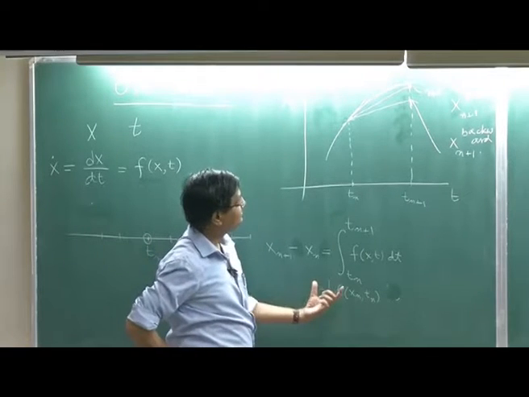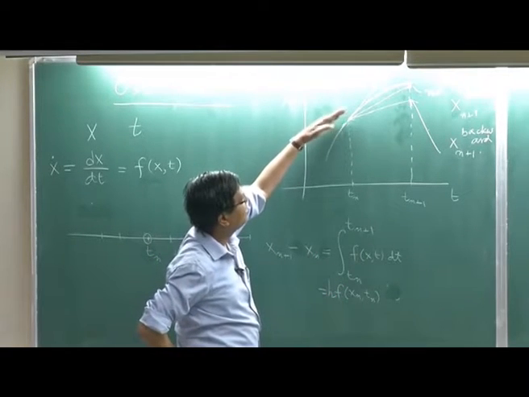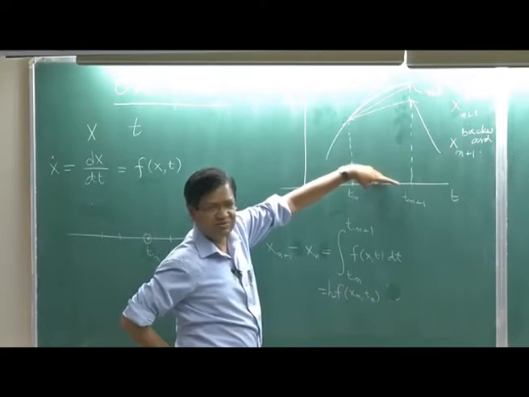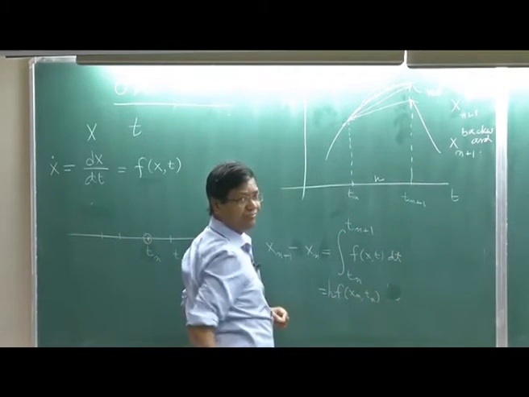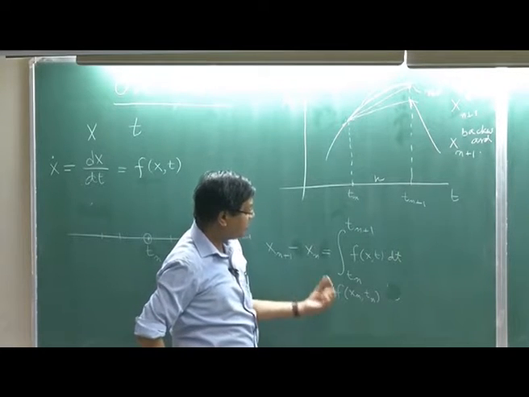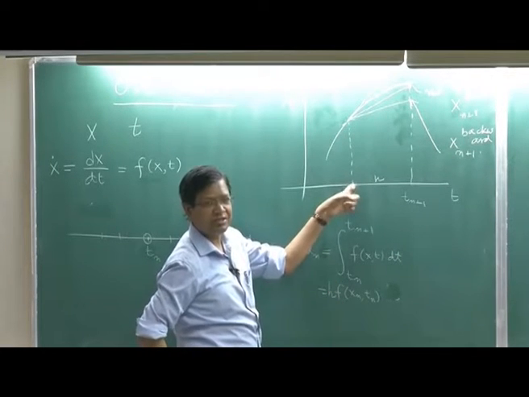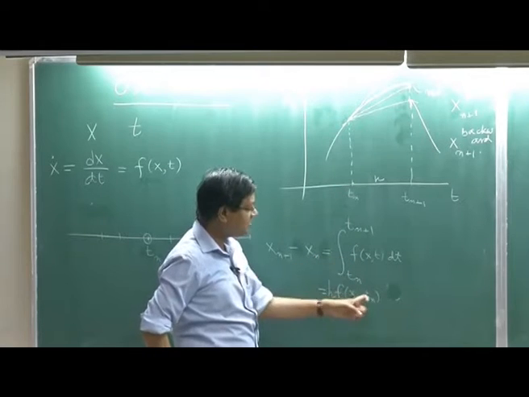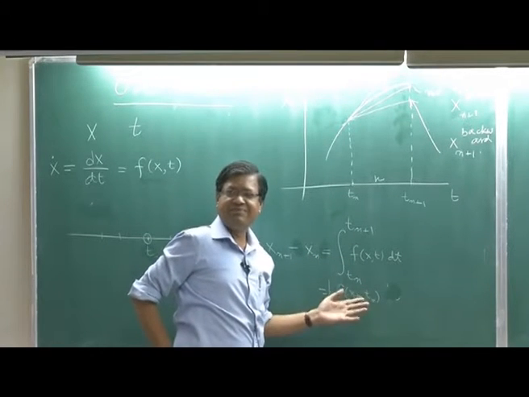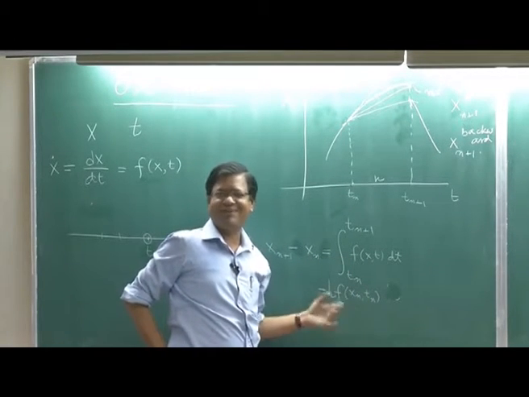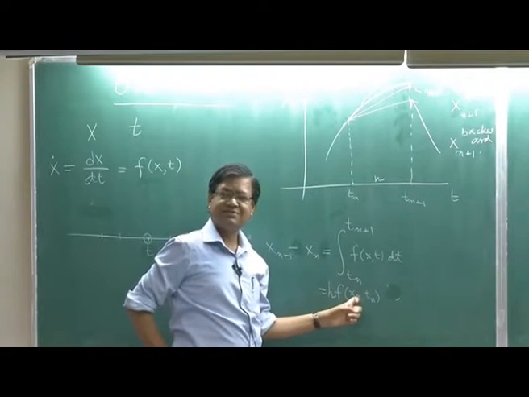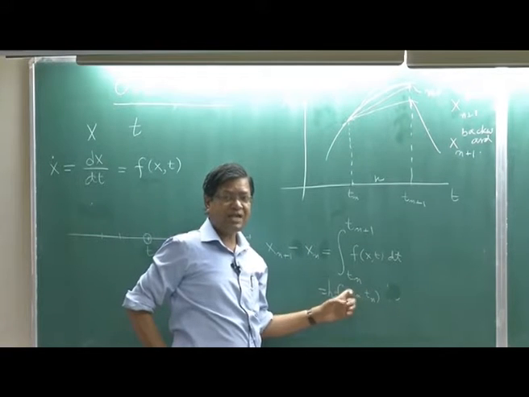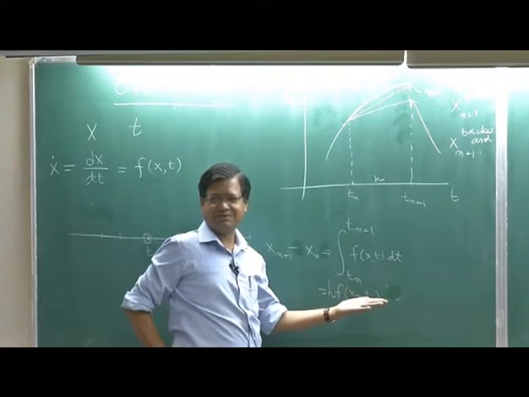So that is a stepping, no? Use the slope and multiply by h. This is the estimate of the integral using the value of f at this point. Now since it depends on x_n as well, that is a problem. If it depended only on time, no problem, I would have done it easily, but it depends on x, because I don't know the future x, that's my issue.